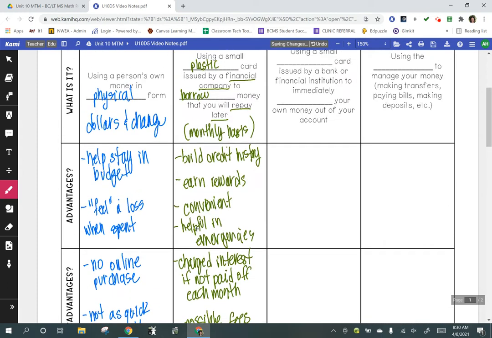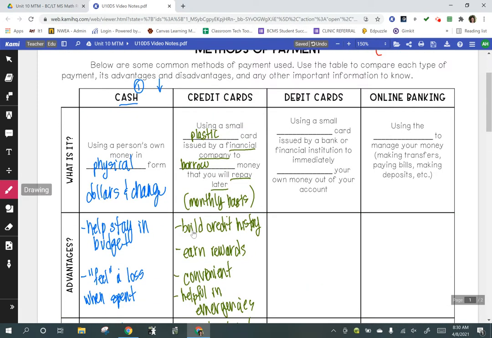Okay. All right. So what's the difference between a credit card now and a debit card? A debit card is still that plastic card. They look a lot alike, but a debit card is usually issued by a bank.